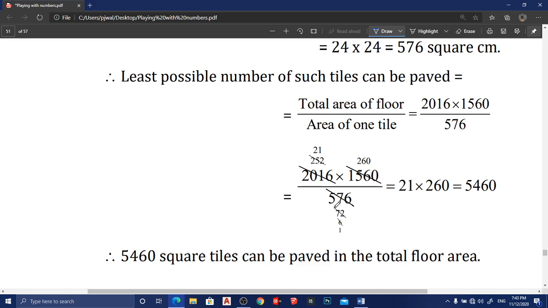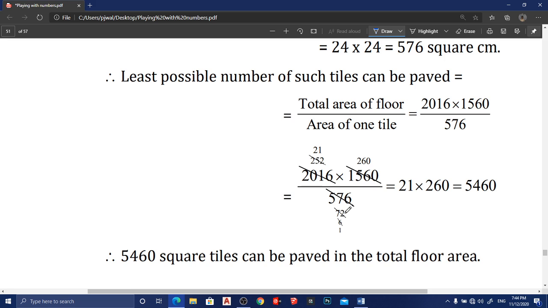Next I am taking this 2016, 8 2s 16, 4 will be the remainder, 41. 8 5s 40, then 1 will be the remainder in 41. So again 16 is there, 8 2s 16. Up to here it is over.